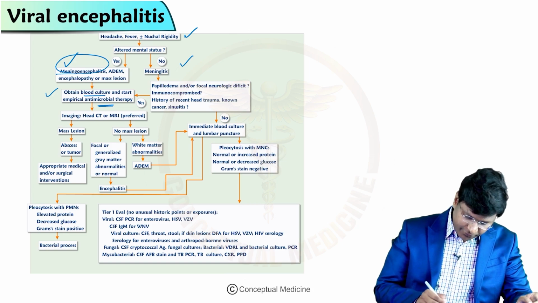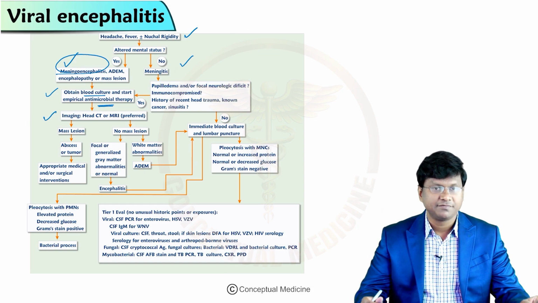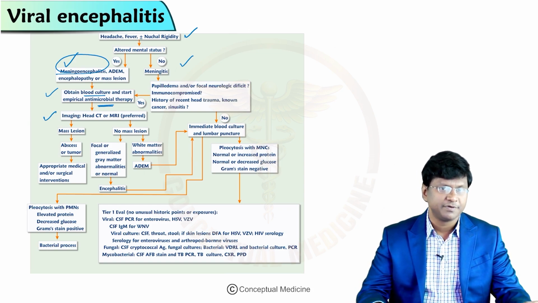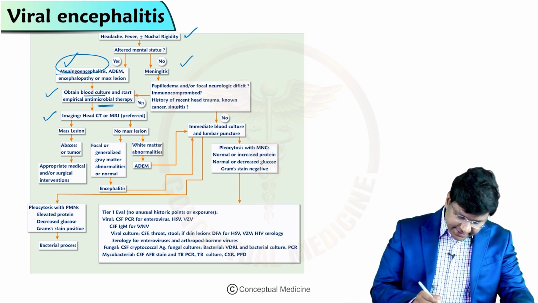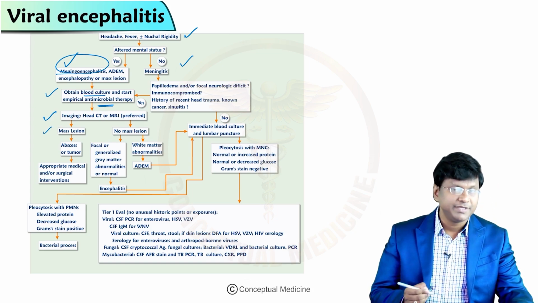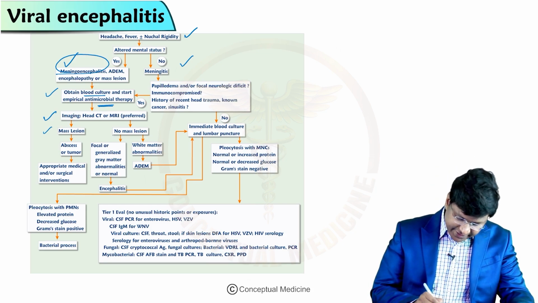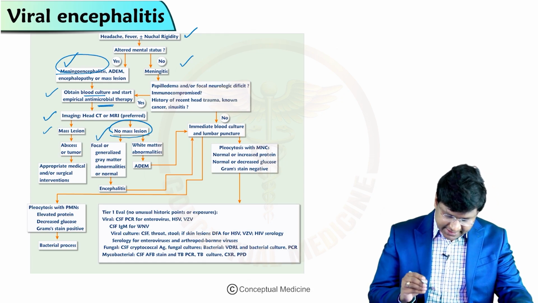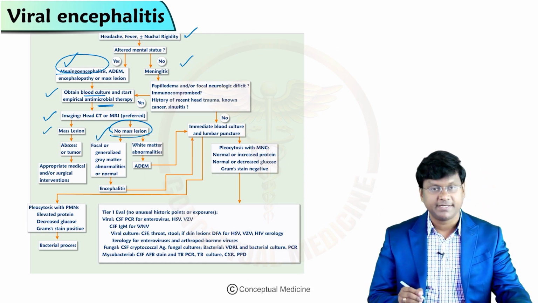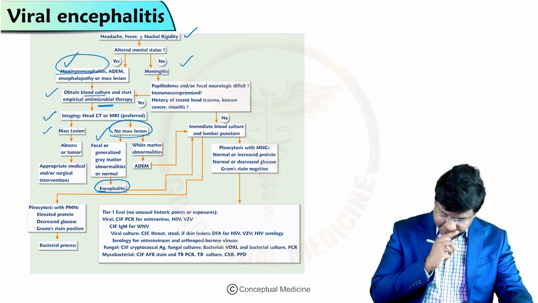Followed by that, you also have to do CT or MRI of the brain. MRI is usually more preferred. And if there is presence of a mass lesion, you need to make out whether it is an abscess or a tumor. And if there is no mass lesion, and if there are focal or generalized gray matter abnormalities, then you need to suspect encephalitis, right?